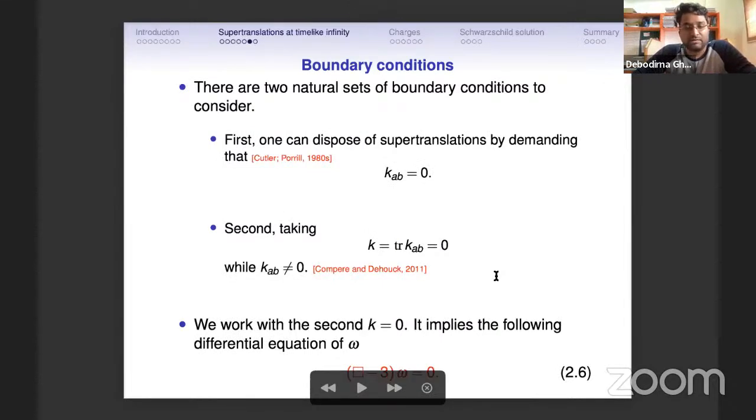Another boundary condition we can take is the trace of k_AB, which we call k, to be equal to 0. And we work with this kind of boundary condition, where the trace of k_AB equals 0. It implies that the following differential equation for omega, box minus 3 omega equals 0, will be satisfied.